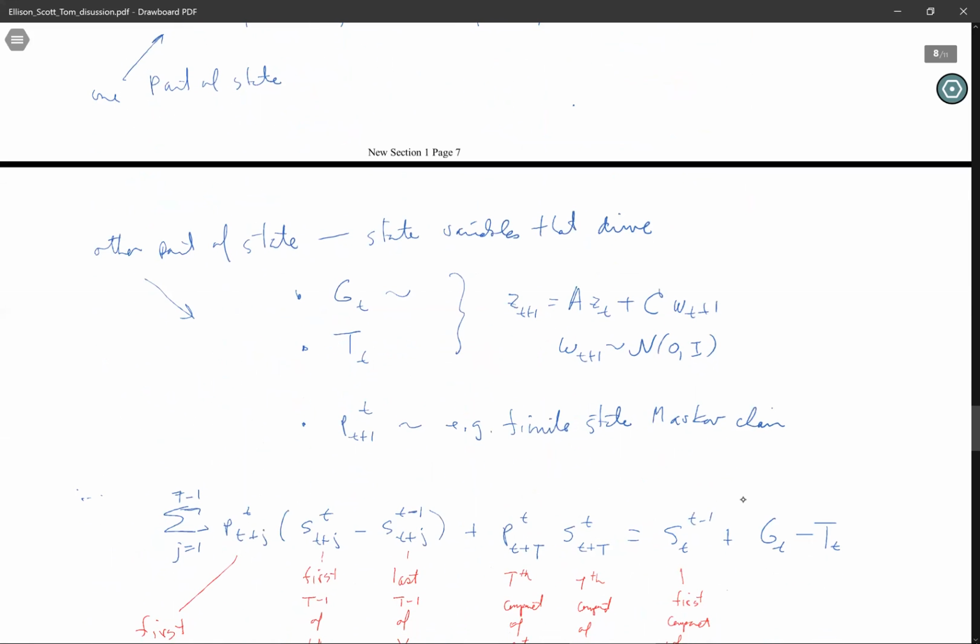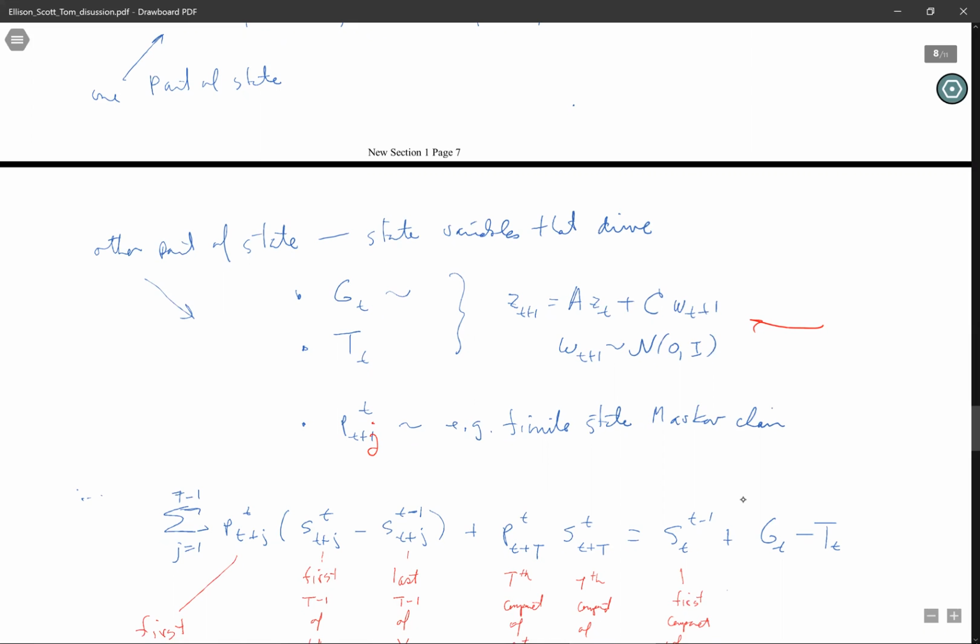The other part of the state is, like in their formulation, government expenditures and taxes. They're going to take that as part of the state. And I'm going to think of that as driven by a standard linear Gaussian time series model. And now, they take this vector, ptt plus j, as given every period, as exogenous. Well, I'm going to do a version of that.